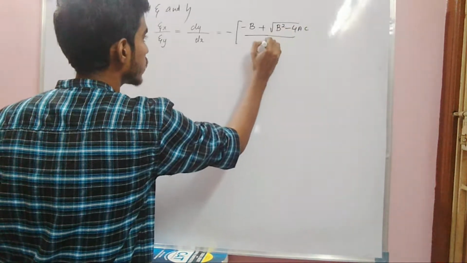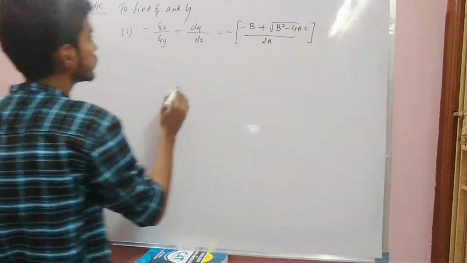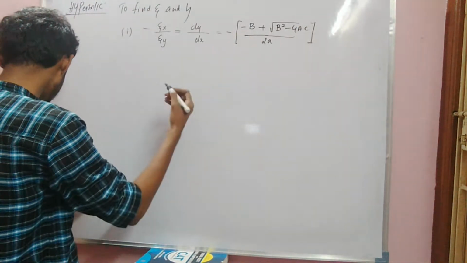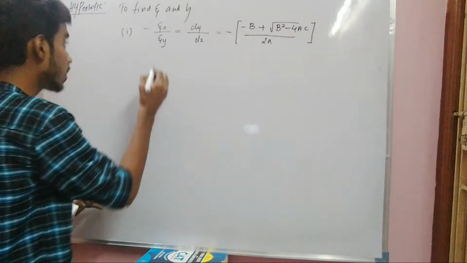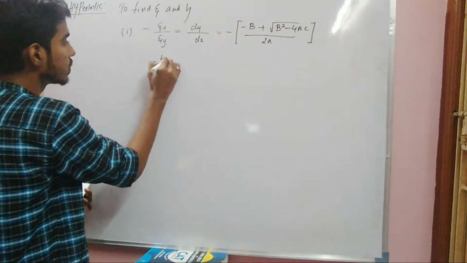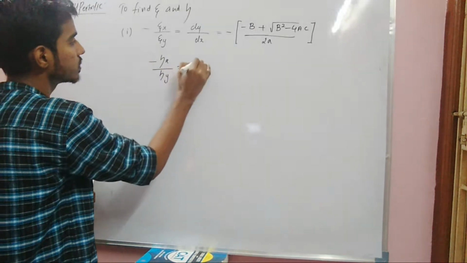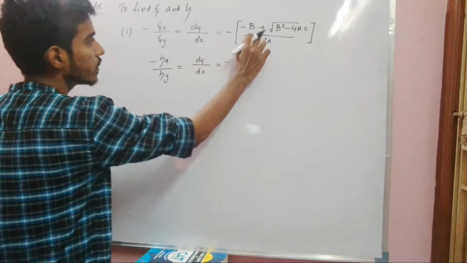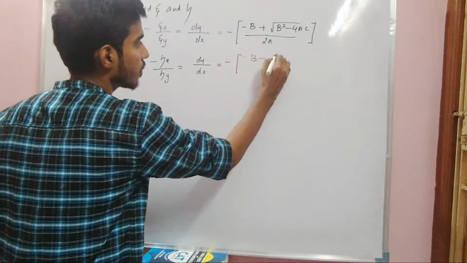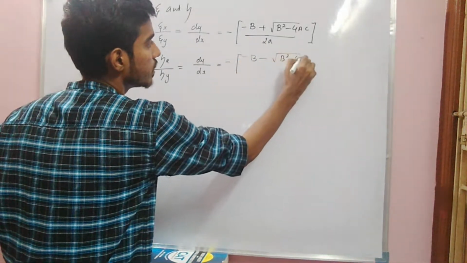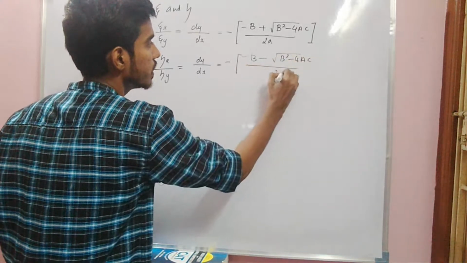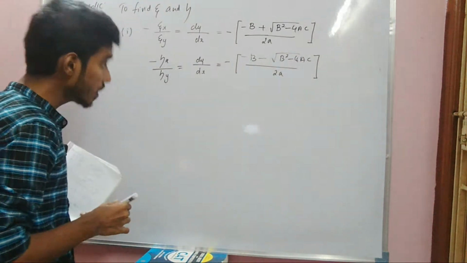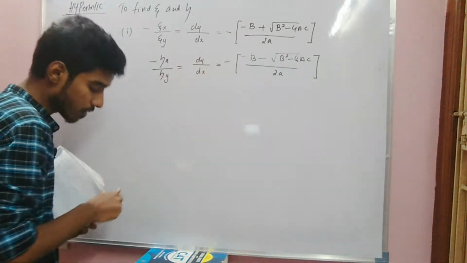This seems to be the quadratic formula, right. So just write plus here. And the other one is minus eta x by eta y is equal to dy by dx, which is equal to minus b minus square root of b square minus 4ac divided by 2a. So you have to make use of this formula and this formula.